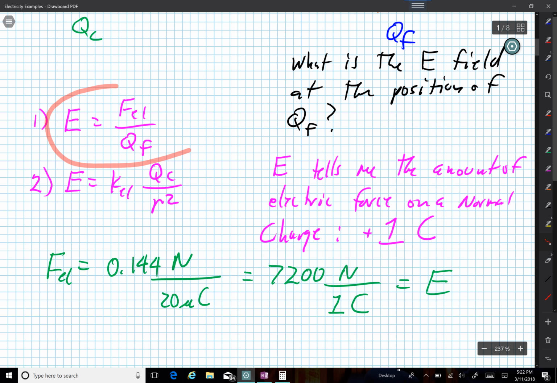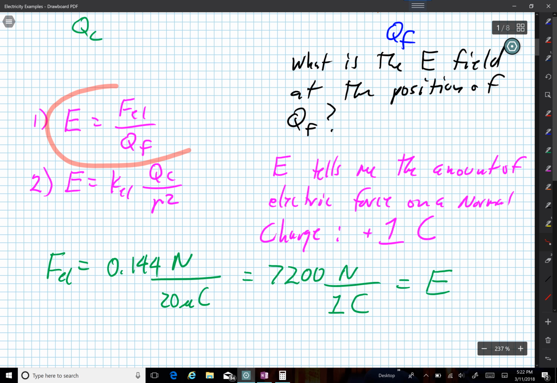Okay, so there are some simple equations, just applying our Coulomb's law equations and our electric field equations. Now, the next level of complication comes when I have more than one central charge. So let's just do two central charges.